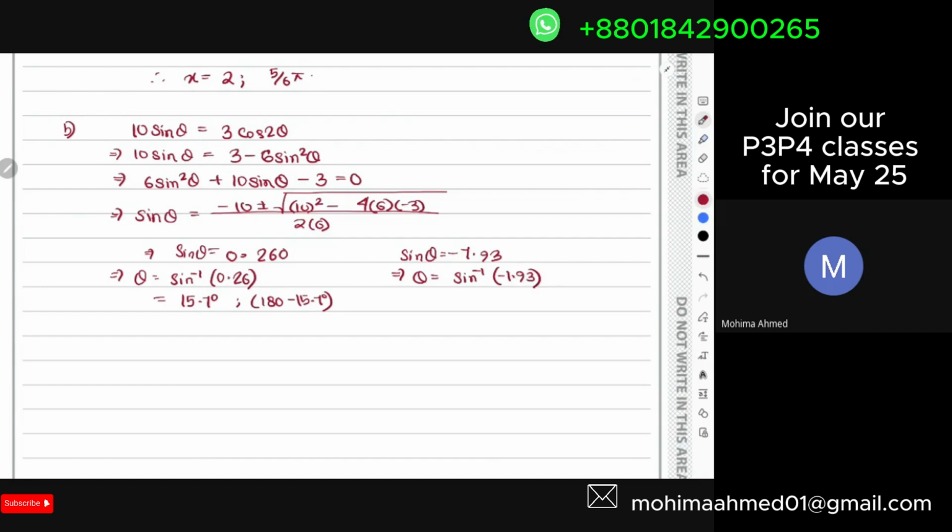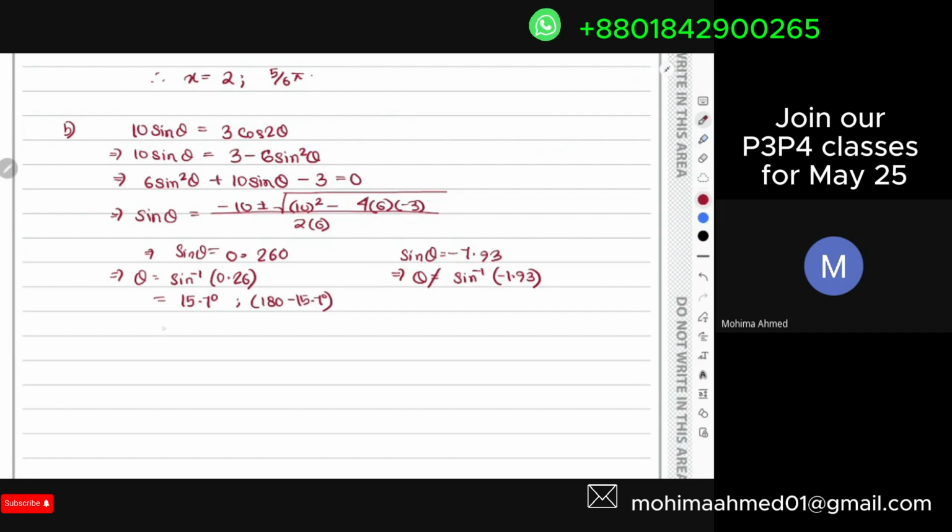Negative 1.93 is actually a greater value, right? So this will obviously not give you any value, because for sine, the maximum and minimum are plus and minus 1. 1.93 is obviously greater than the maximum value. So this will give you a math error.